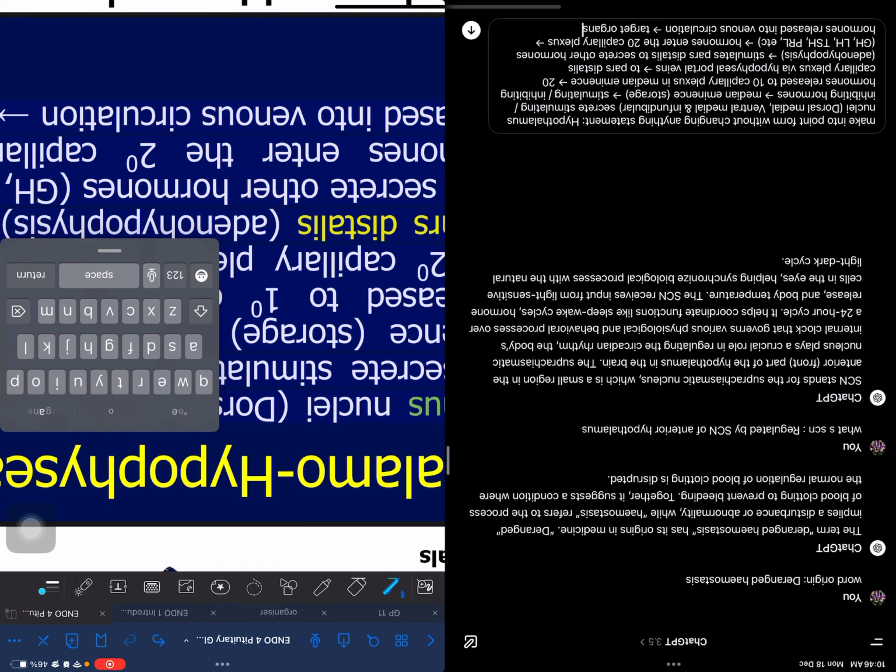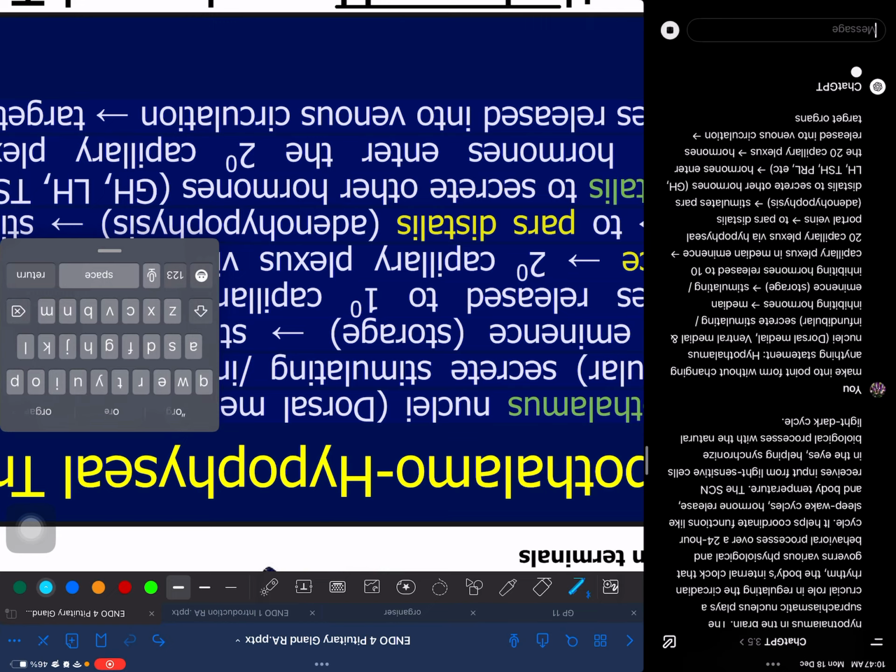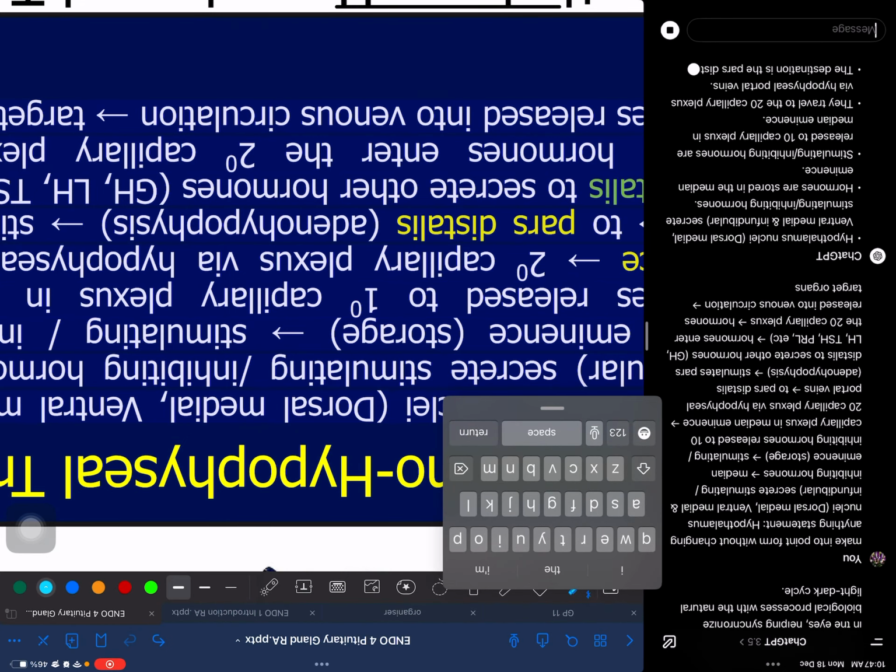The tract can also stimulate the adenohypophysis, the pars distalis, to secrete all the hormones into the secondary capillary plexus, then to the venous circulation and to the target organs.